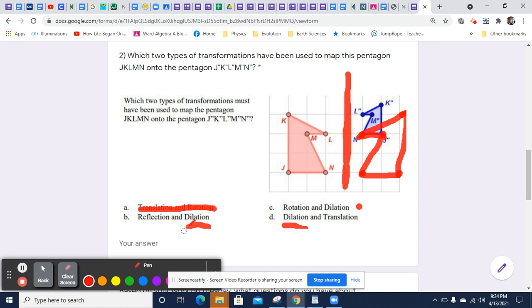Now then, a dilation. Could we get a dilation that brought us to here? Well, the question would be, is there some point? Can we draw lines from all of these? Let's see, that's L, that actually end up in the same place. Kind of, maybe?